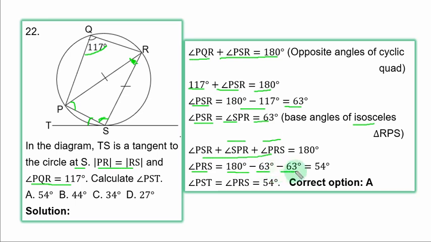That is for angle SPR and angle PSR. And if you subtract, you have 54 degrees. So I said earlier, angle PST is equal to angle PRS, and that is 54 degrees, alternate segment. So A is the correct option.